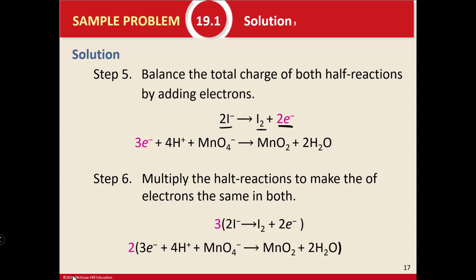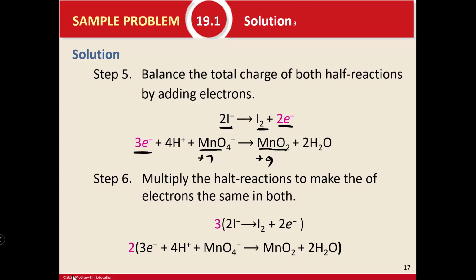And here we went from, again, a +7 to +4. We know this gained 3 electrons. The manganese gained 3 electrons. So what we would say is the permanganate ion underwent reduction, and the iodide ion underwent oxidation.